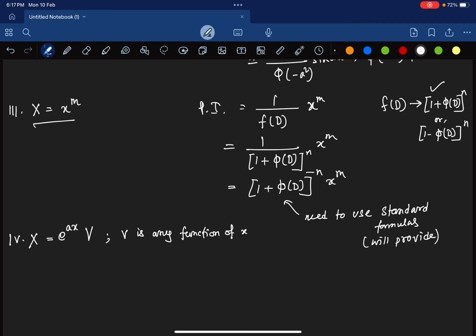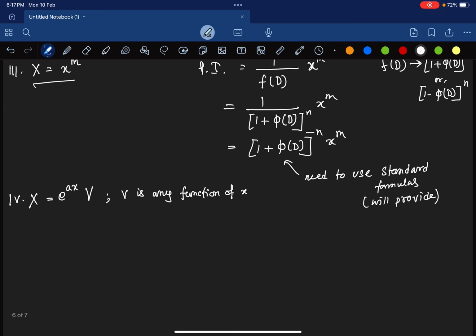Immediately the particular integral goes like this: 1 by f of d, e power ax into v. The formula says that e power ax you can take out and write f of d plus a, and it acts on v. This is the formula.